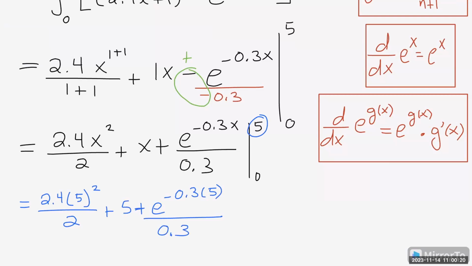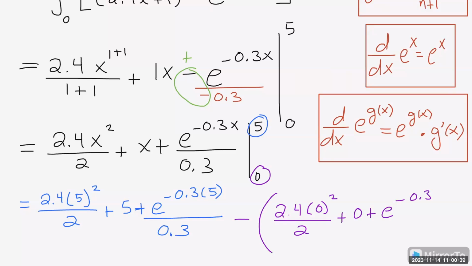My goodness. Next, I will plug in my bottom number. So much happening. So now I'll plug in 0. Oh, I love you, 0. 2.4 times 0 squared over 2 plus 0 plus e to the negative 0.3 times 0 over 0.3.